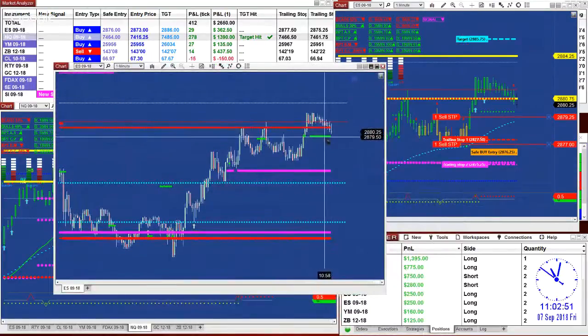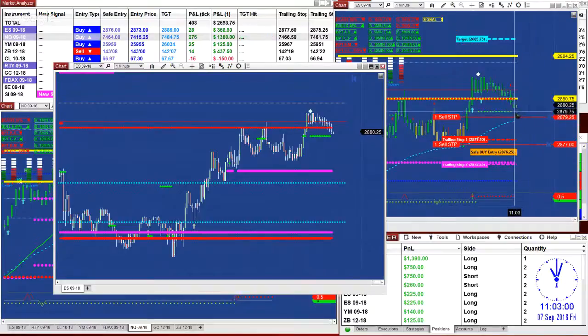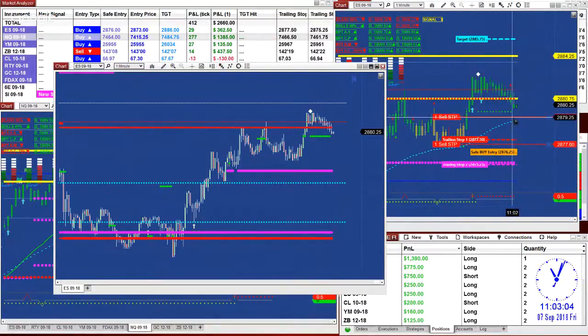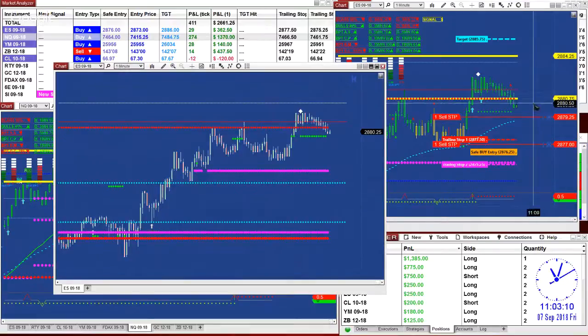We have a projection on the ES at 79, 75, and the probability is it's going to hold. And this is where, look, here is my trailing stop right there. And you see, this one here did not knock me out of that trade. You see that?